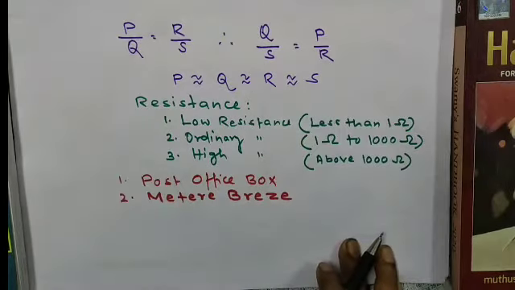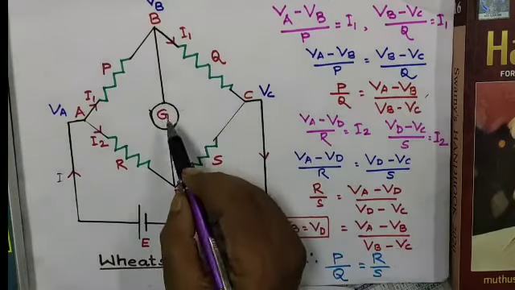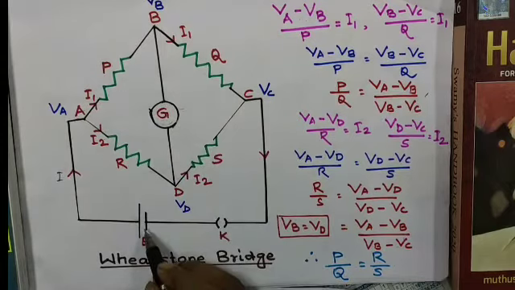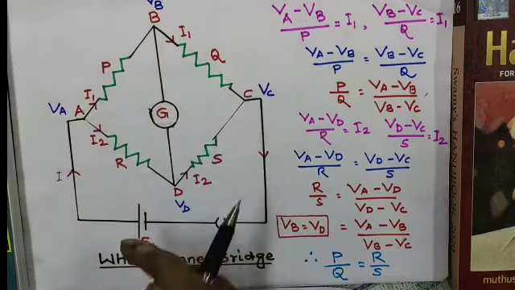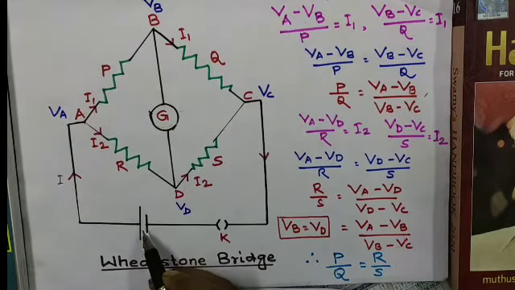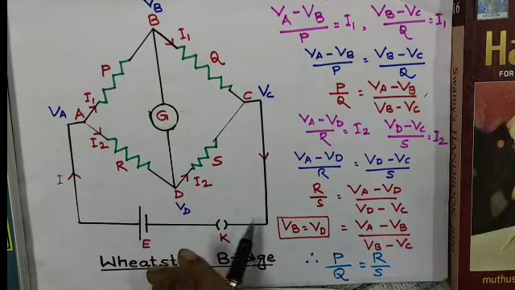So here we can see that if we interchange the position of galvanometer and the electric source, that means if we put the electric source here and the galvanometer here, then the null condition of the galvanometer will still exist.